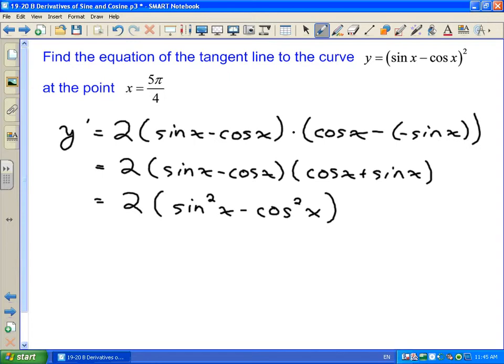If it was a plus sign in the middle, it would be equal to 1. But it's a minus sign. Alas. So we've got our derivative here. What do we want to do with it now that we have it?